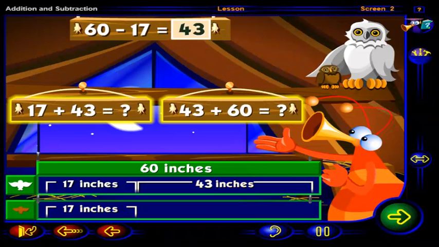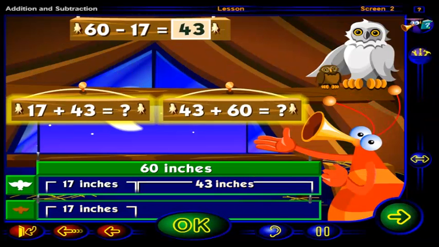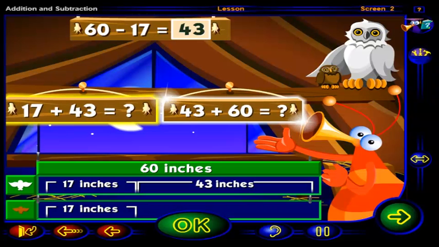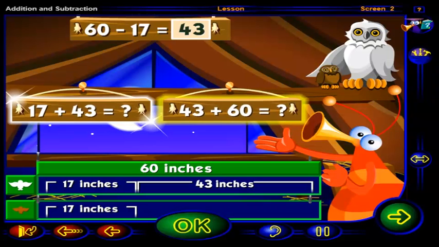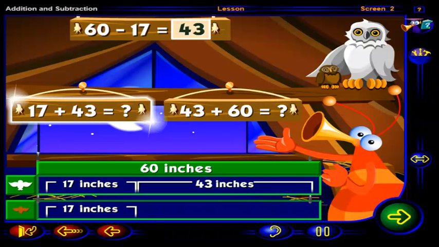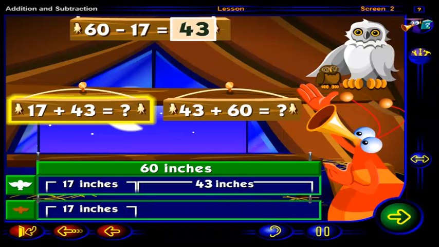Click on a number sentence, then click OK. That's right. You can use this number sentence to check this difference.